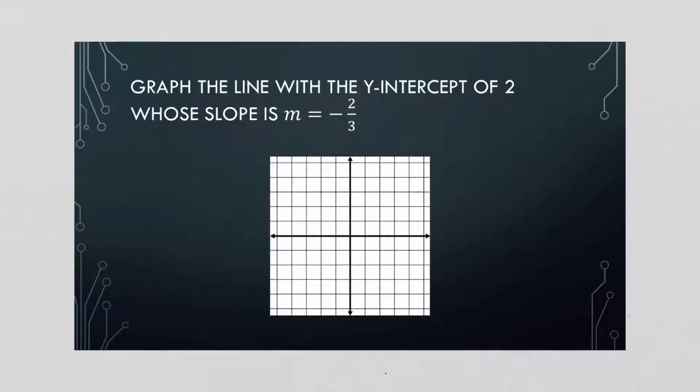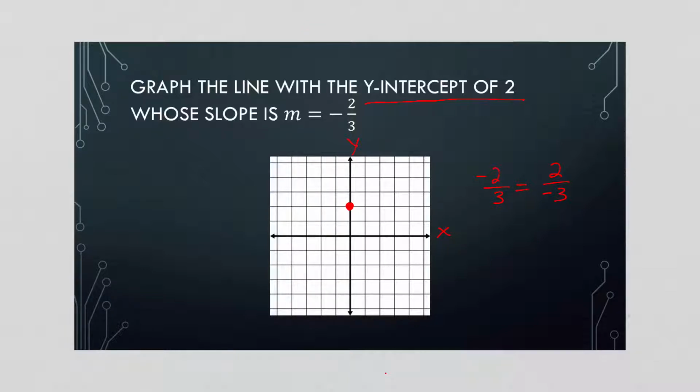Alright, on this problem, graph the line with the y-intercept of 2. So y-intercept of 2, remember, oops, that's silly. There we go, that's better. Okay, so I want to go to 2 on my y-axis. From there, I want to do my slope. So that's negative 2 over 3, or it's 2 over negative 3, as long as you only have one negative sign.